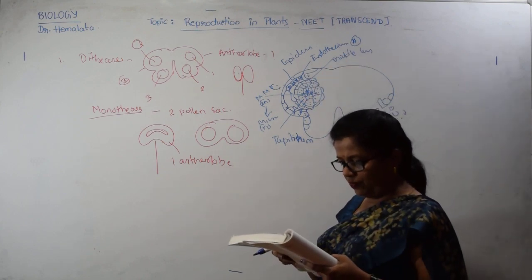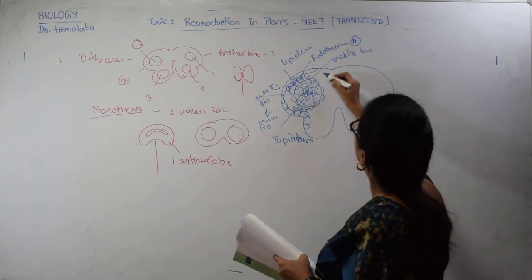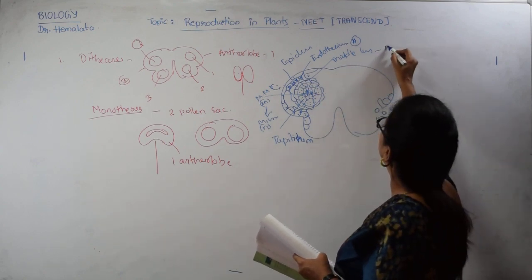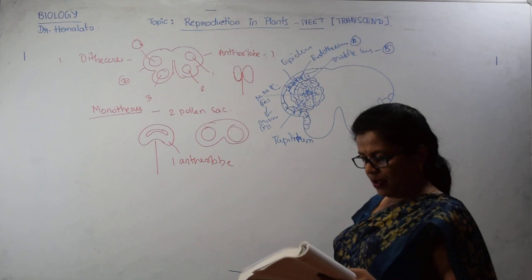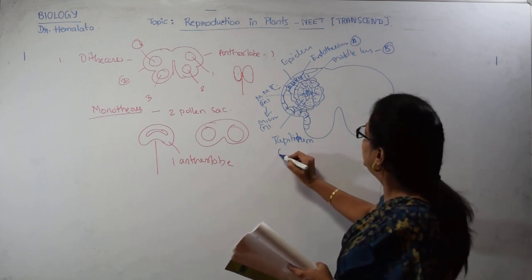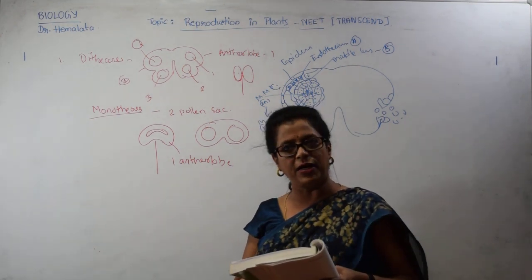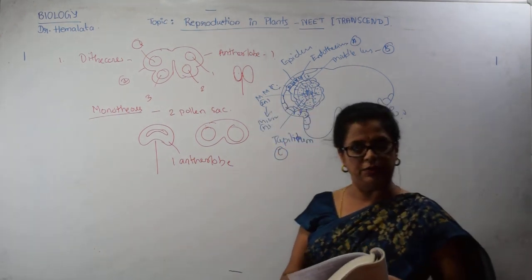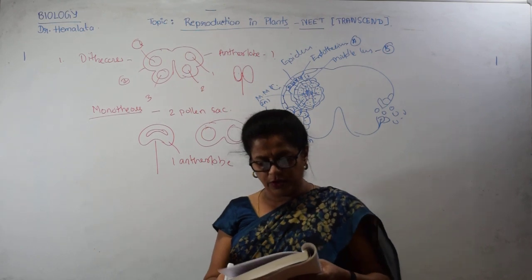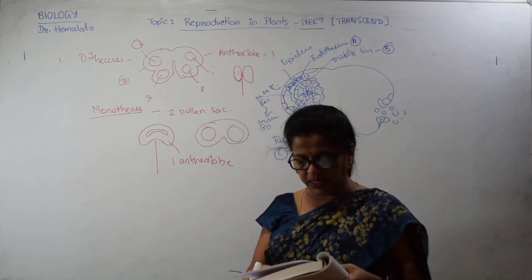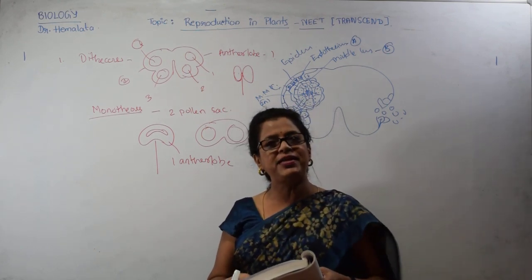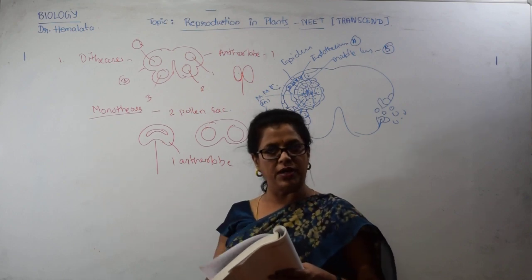B, the one given, is middle layer, right? And C given is a tapetum. We can see almost the same diagram given, only the part is enlarged. I have drawn the complete anther. So A is endothelium, B is middle layer, C is tapetum. Option C is right in this because I have already explained it in the diagram.